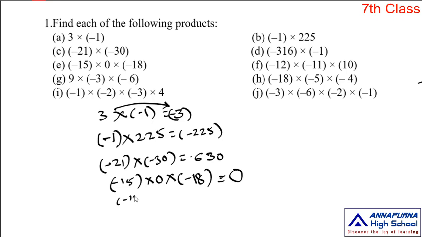Now take F. Minus 12 into minus 11 into 10. What is the property we applied here? Associative property. When three numbers are multiplied in any order, we get the same product.